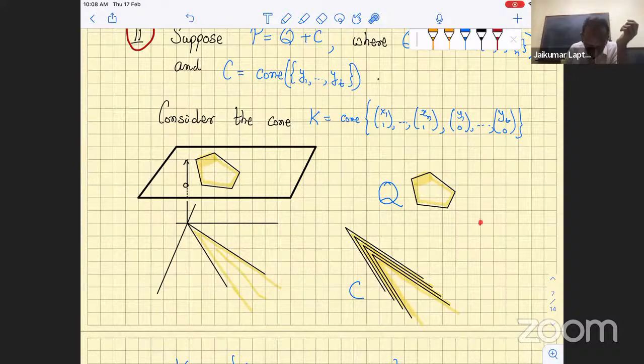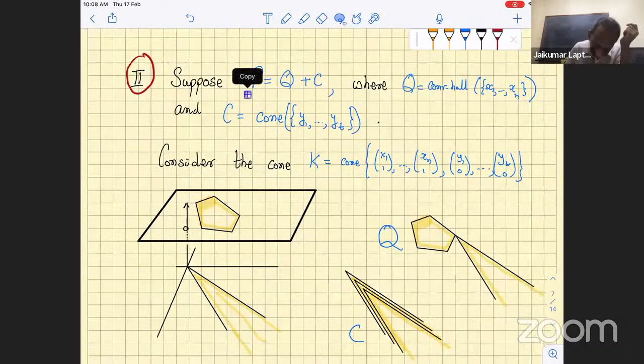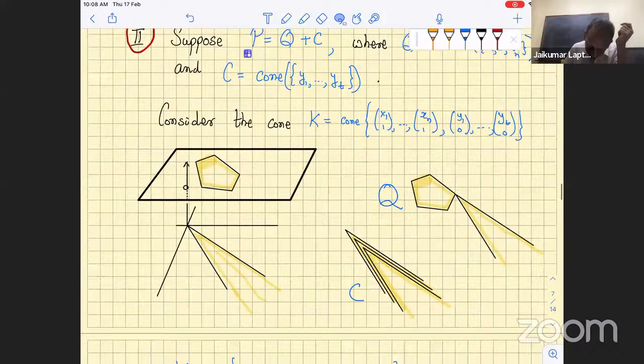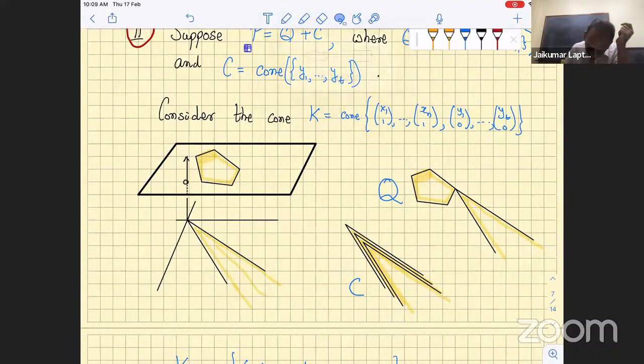Actually you should look here later. Look on this side first. They have given you a Q and they have given you a cone. I've drawn it in this funny way because I'm going to do some gimmicks. So basically, your actual polyhedron is this P. This P is actually obtained by summing this.